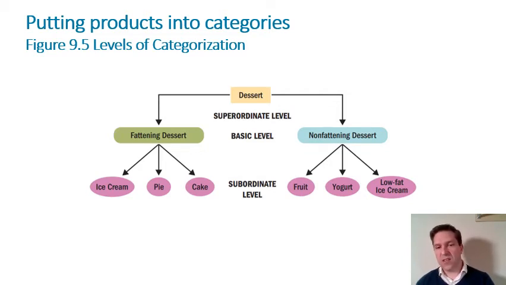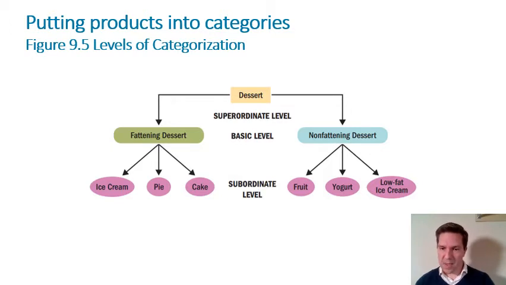So because of that, desserts that are more fattening tend to be higher in caloric density, and because of that, if you're on a diet, probably fattening desserts are less encouraged because you're going to have more calories going into them, right?